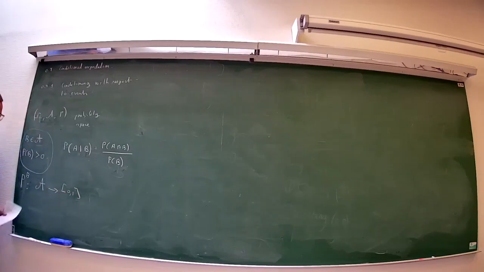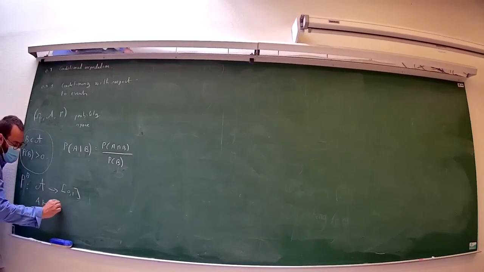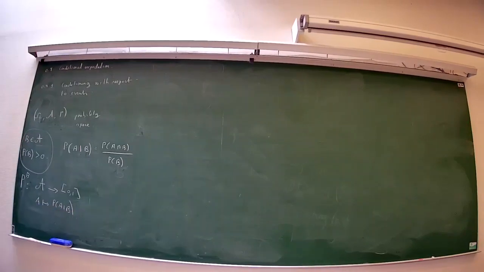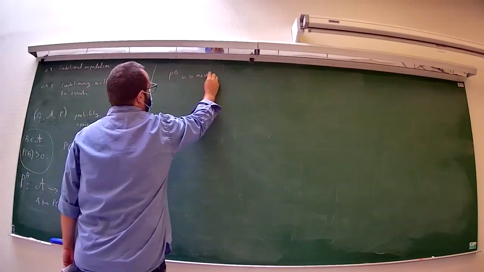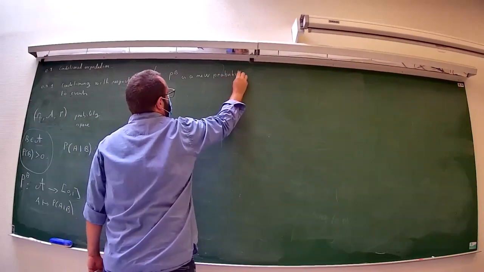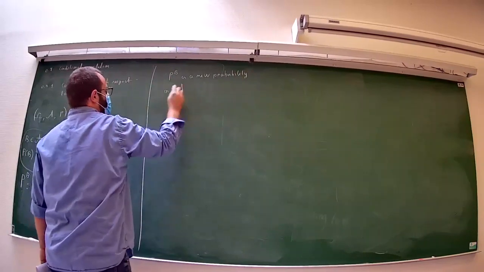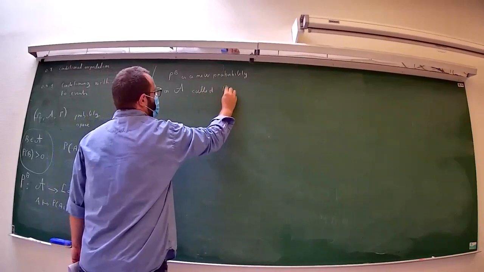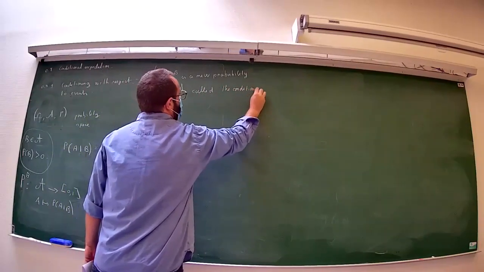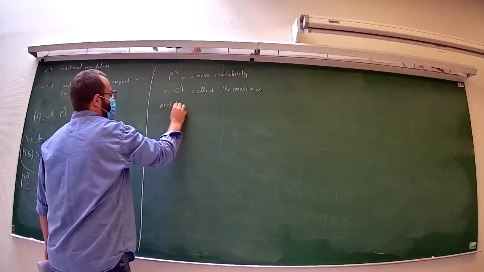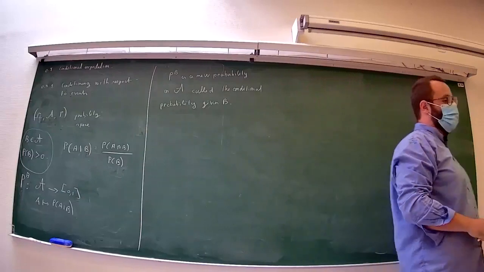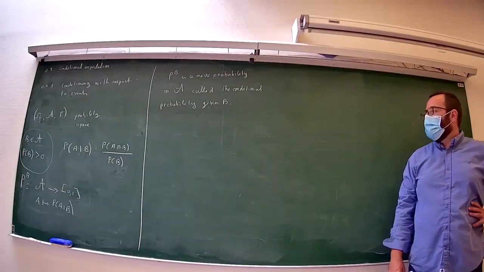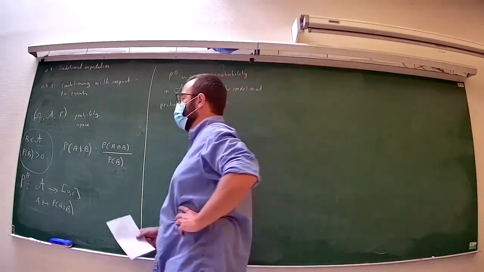P_B is a mapping from my sigma algebra calligraphic A into [0,1] that associates to a set A, P of A given B. And we can prove basically that P_B is a new probability on calligraphic A that is called the conditional probability given B. So it is possible to do this for any event B in the sigma algebra calligraphic A with P of B strictly positive.